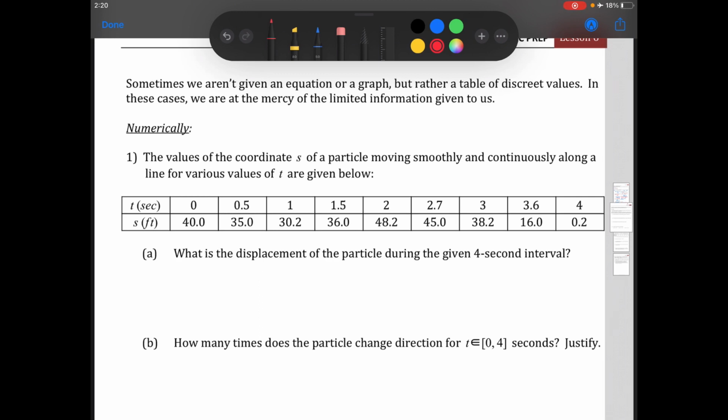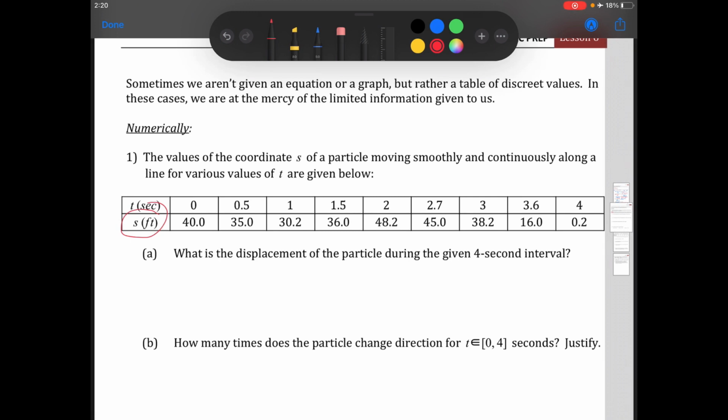The first one says the values of the coordinate s of a particle moving smoothly and continuously along a line for various values of t are given below. So first of all, you must know what table you're given. Here you're given the position. It says s, so this is your position table.